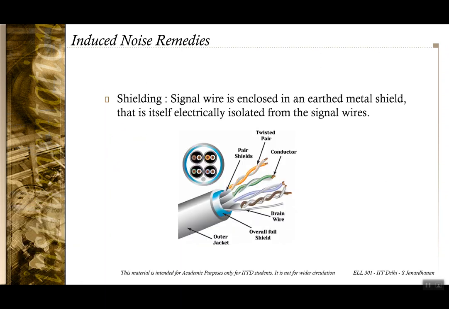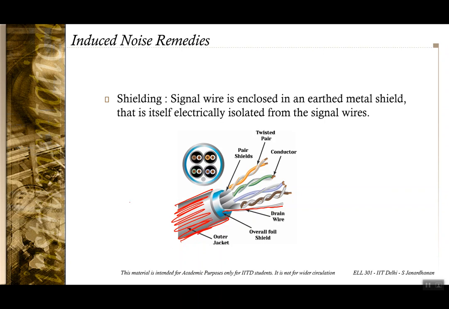Another very common way to reduce the induced noise is to use shielding. In this case, all the signal wires, of course they are twisted pairs, are put in a shielded jacket. So there is an outer metallic jacket, and there is a drain wire connected to this metallic sheath.